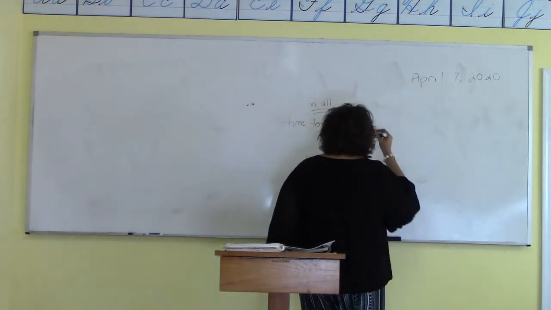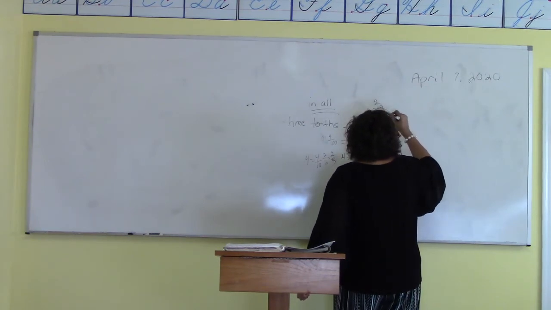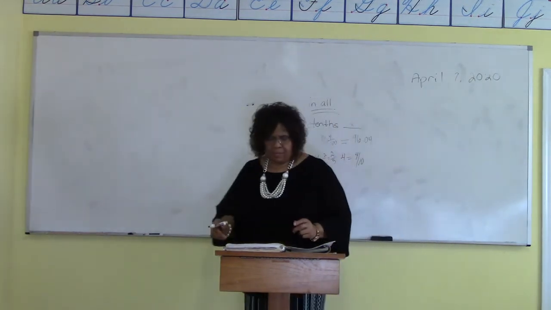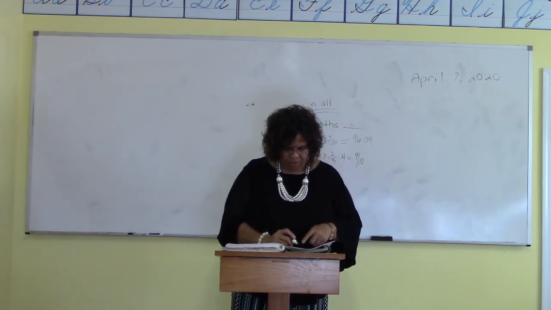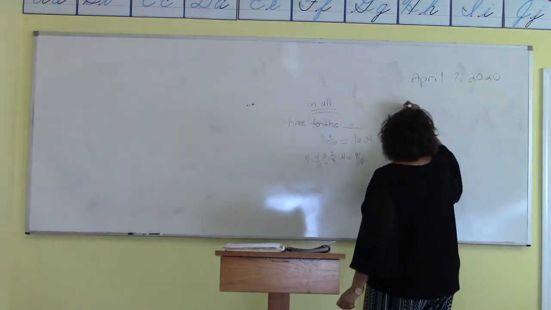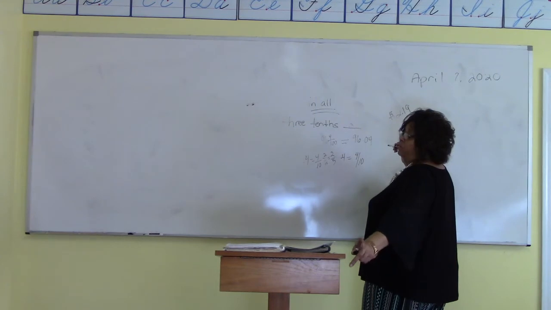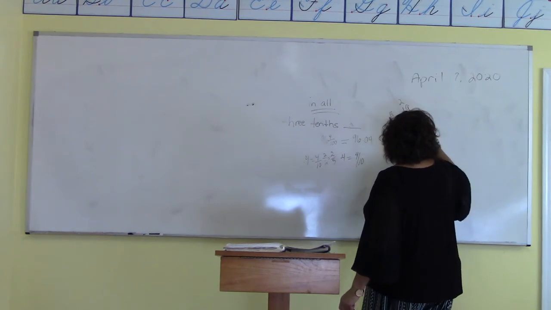$2.19 times 3. Let's see. Three times 9 is 27, carry the 2. 3 times 1 is 3, plus 2 is 5.